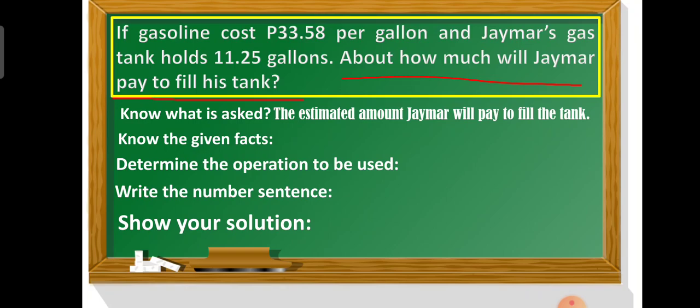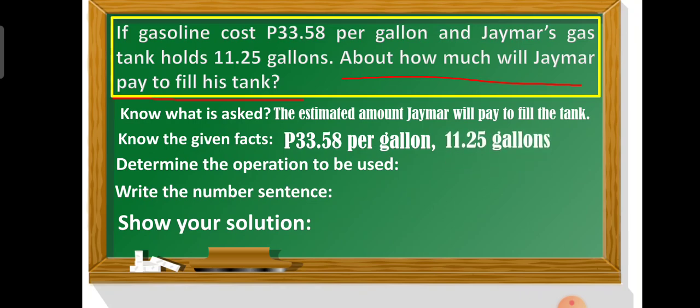These numbers are the numbers to be used to solve the problem, and these numbers should be properly labeled. The first given, 33 pesos and 58 cents, that is per gallon, and 11 and 25 hundredths gallons.